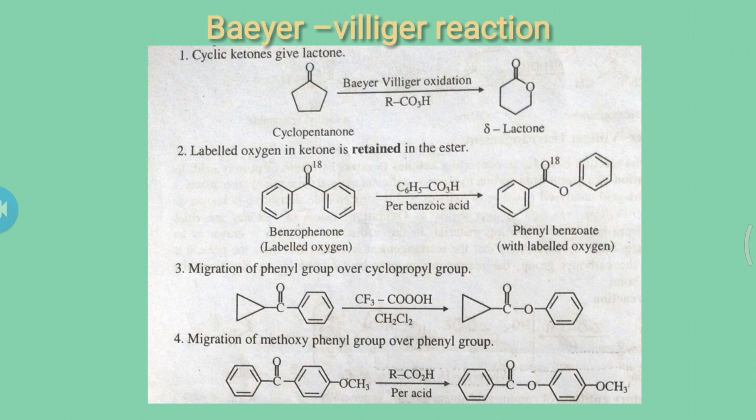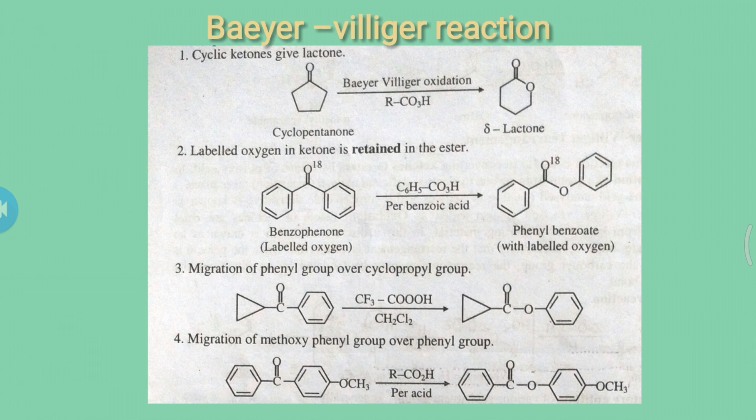And it converts to an ester. See, the cyclic ketone cyclopentanone converts to delta lactone. Similarly, benzophenone converts to phenyl benzoate in the presence of peracid.